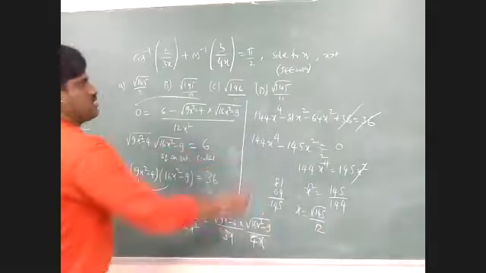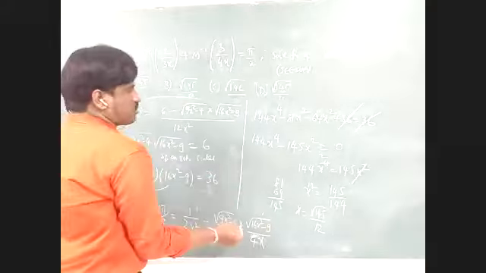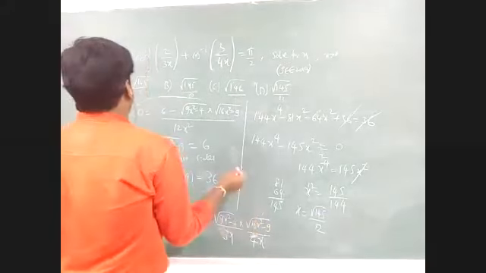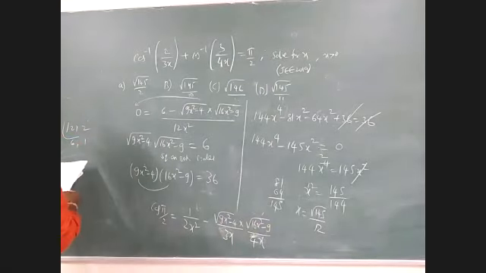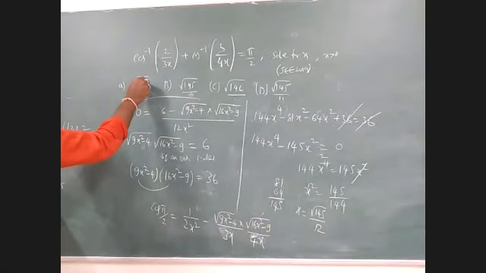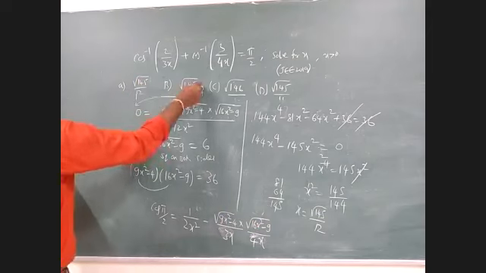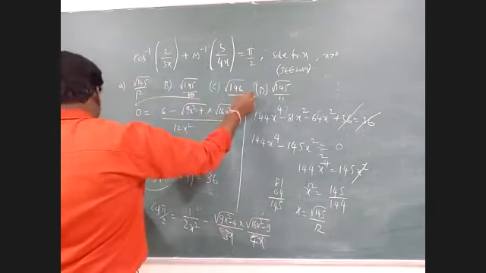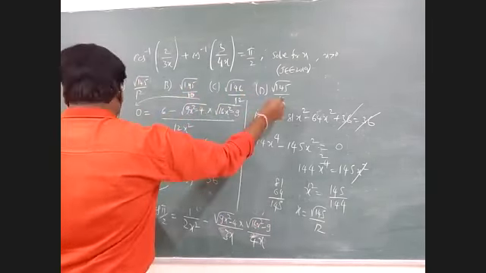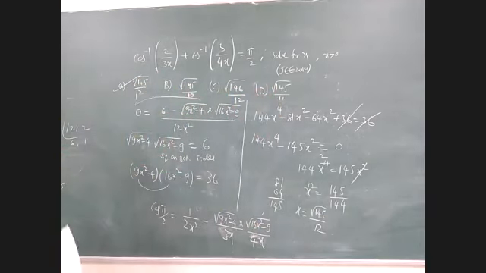So the answer is square root of 145 by 12. I think I have not written the options correctly. I'll write this one: 145 by root 12, 145 by 10, this is 146 by 12. So option A is the correct answer.